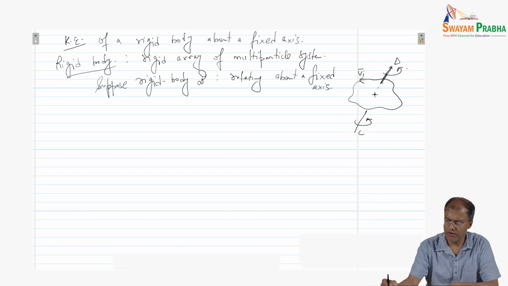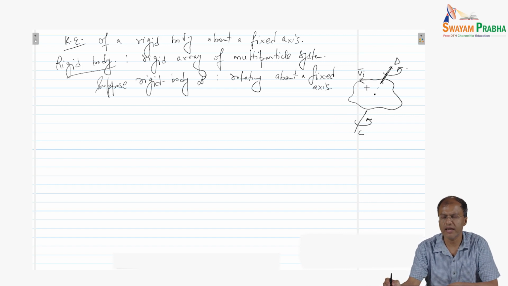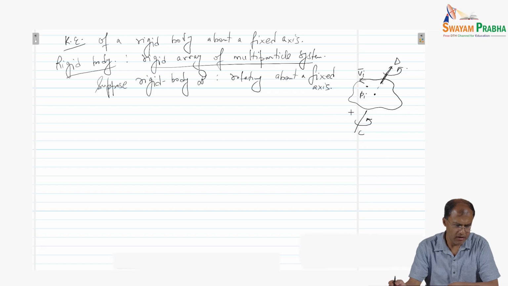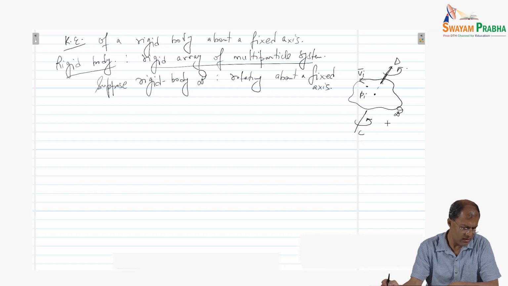We can consider any particle. We have defined a rigid body to be an array of multi-particle system, so let us call this ith particle to be at position vector Pi, and the body itself is denoted with this letter curly B, and the axis of rotation of the body is this axis CD.